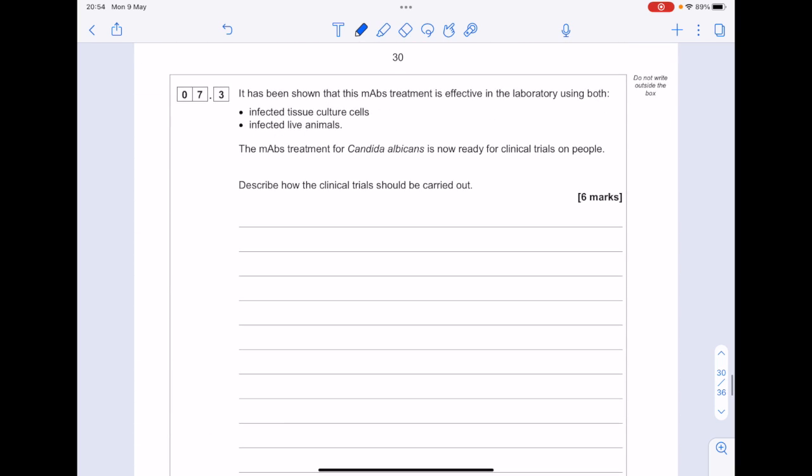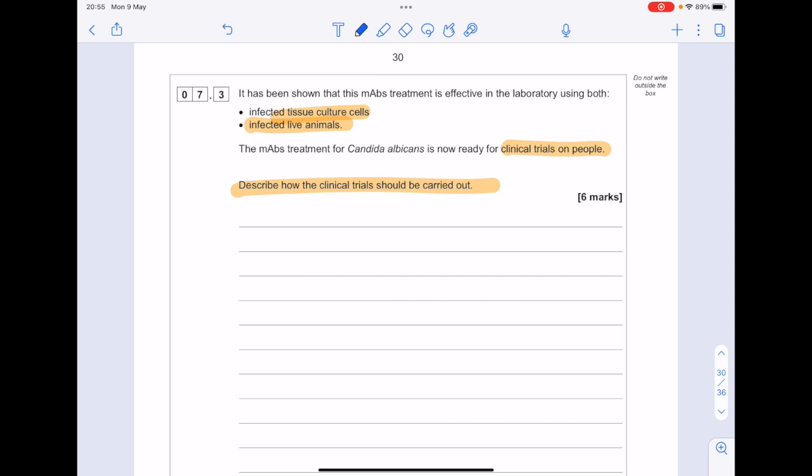It has been shown that this monoclonal antibody treatment is effective in the laboratory using both infected tissue culture cells and infected live animals. The monoclonal antibodies treatment for Candida albicans is now ready for clinical trials on people. Describe how the clinical trials should be carried out. So, drug trials.